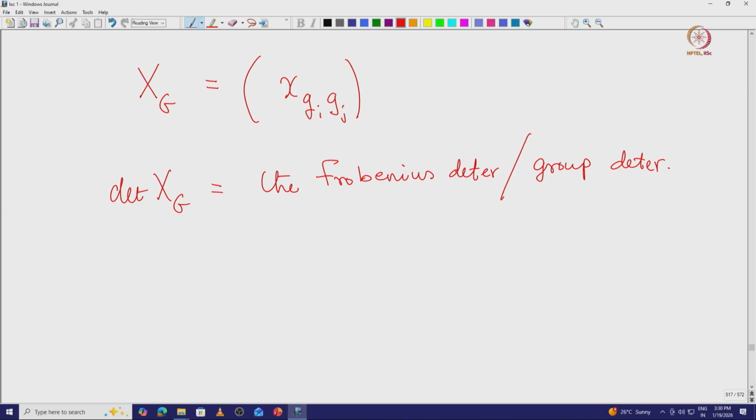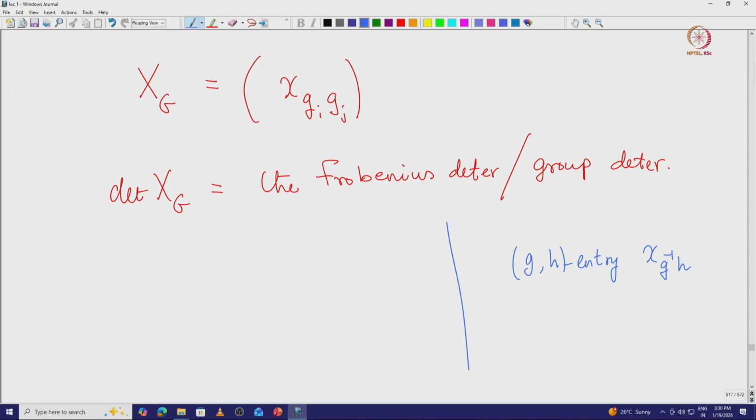Okay, let us see some examples and then it will become clear. Sometimes people also use another way of writing the same determinant: the gh entry is just x_{g inverse h}.